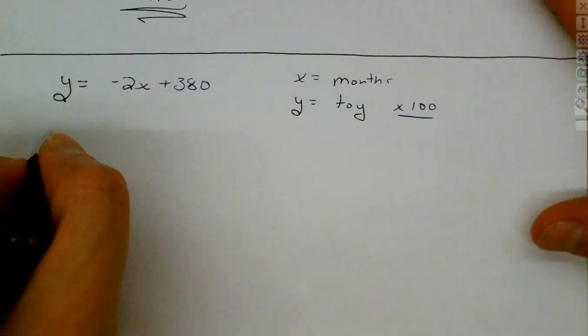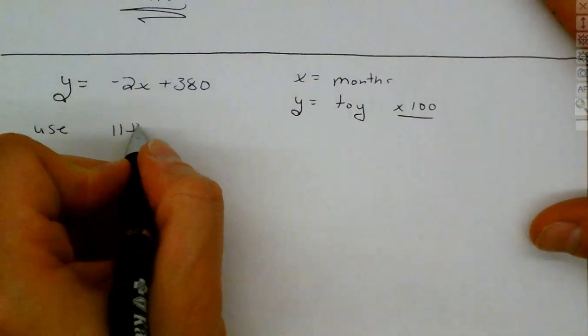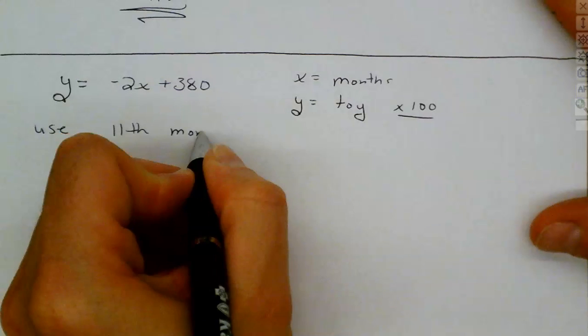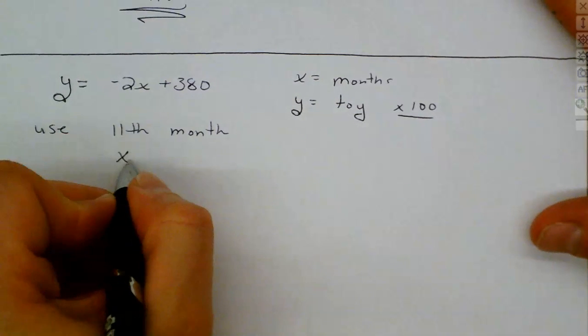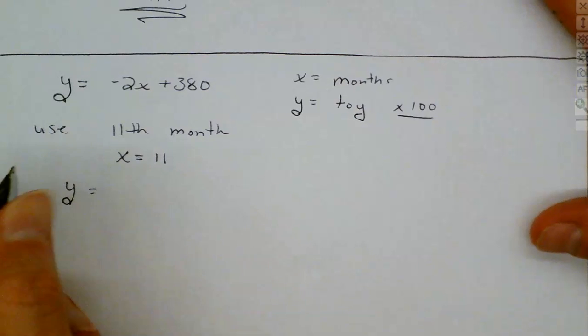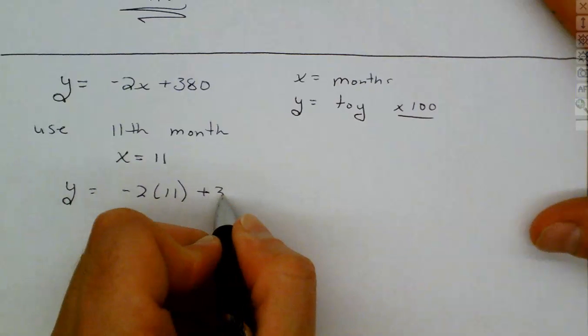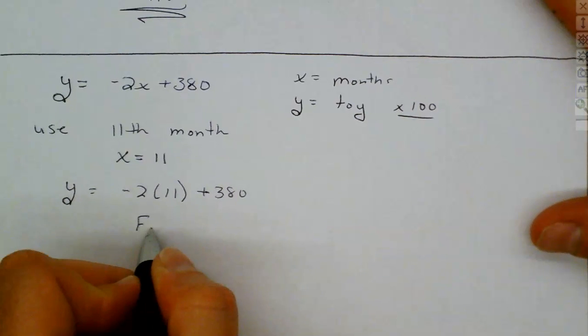Now, what are we going to use? Well, we want the 11th month. So that means X is going to be then what? 11. Okay, so you plug in your 11. And then you can finish it from there.